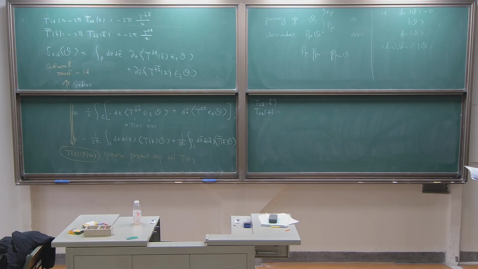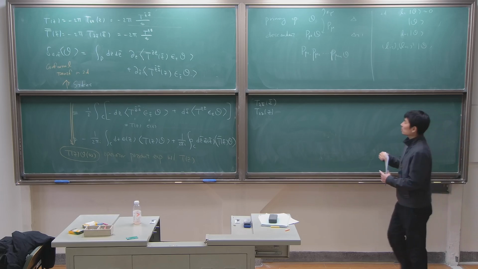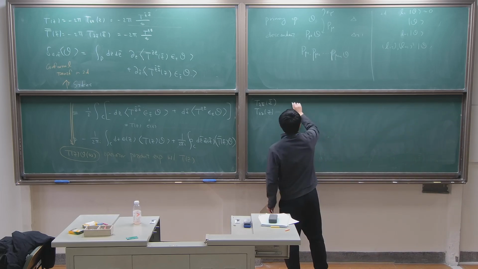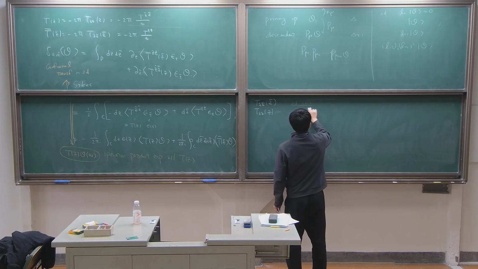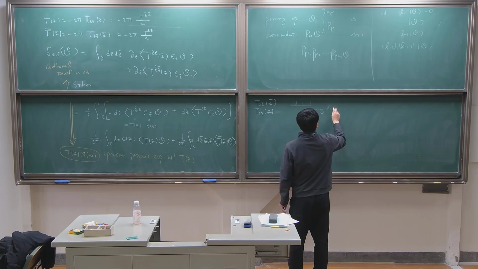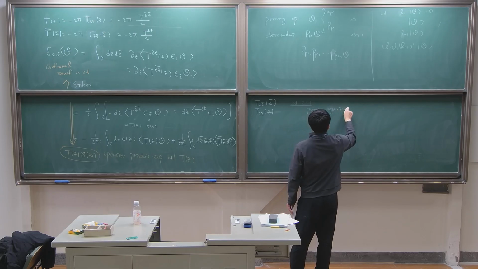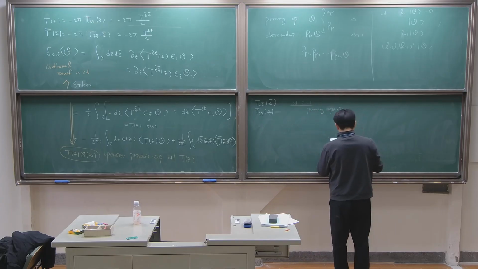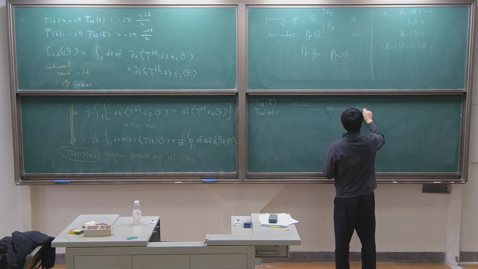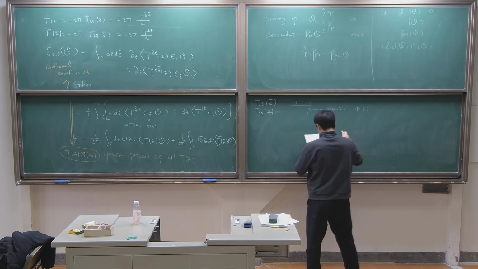Any conformal transformation in 2D CFT: a primary field or primary operator phi of z is to behave in this way.